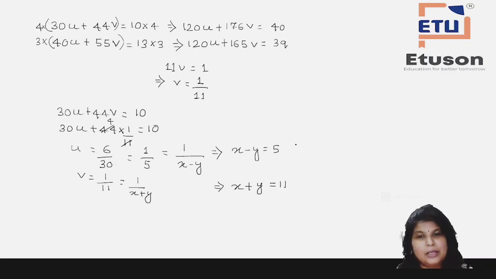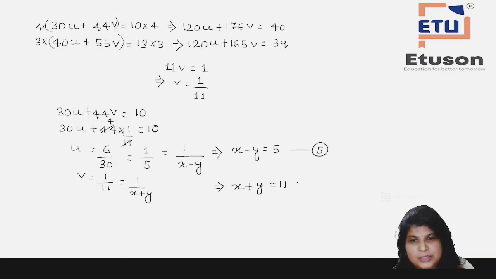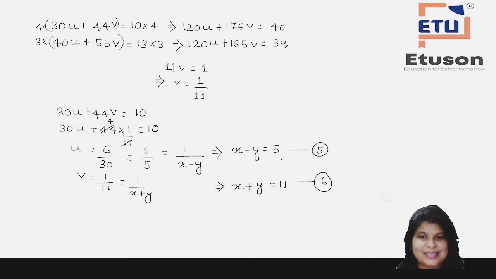Correct or not? Now just look at these two equations which you have obtained, equation 5 and equation 6. If you add both the equations, directly your y variable is getting cancelled.